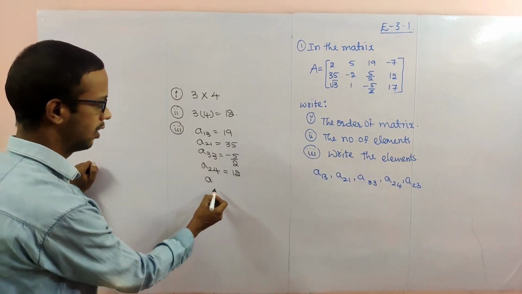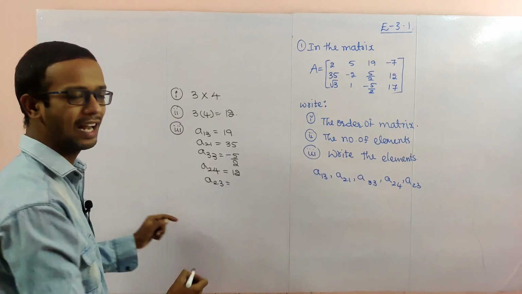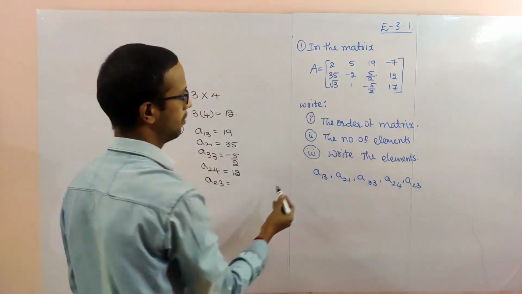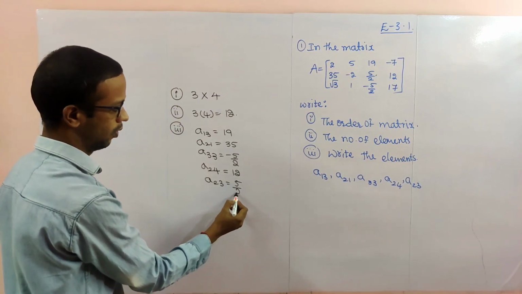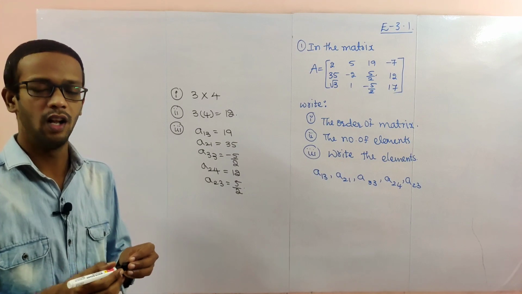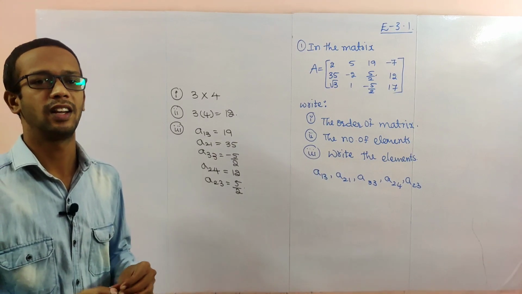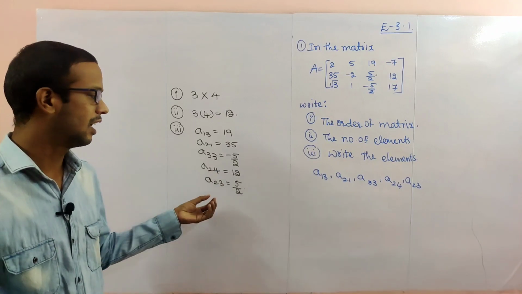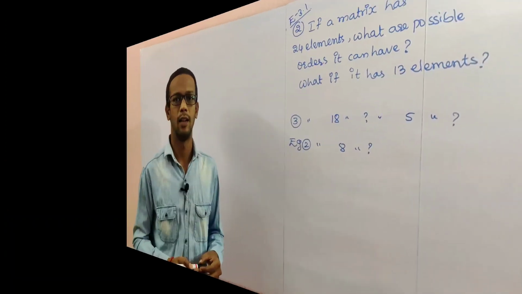Next, A23. Second row, third column. The second row, third column is 5 by 2. This is also a simple basic concept, and this problem is given for understanding. So this is the way of writing the elements.